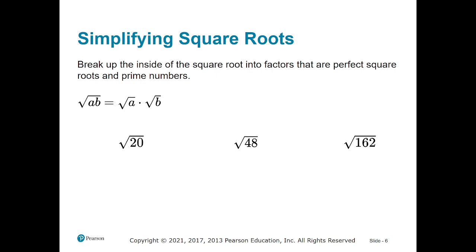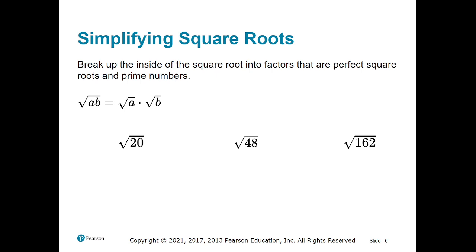So we want to break the number 20 into some factors, where one of them is a perfect square, and the other may be prime, or may be a product of primes. So the square root of 20 is the same thing as the square root of 4 times 5, because 20 is 4 times 5.